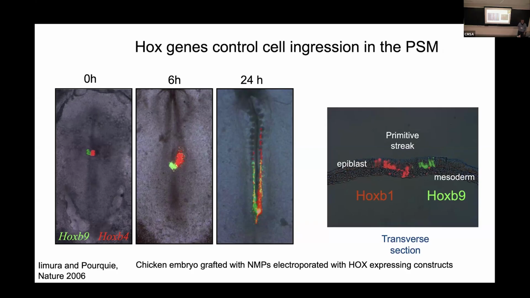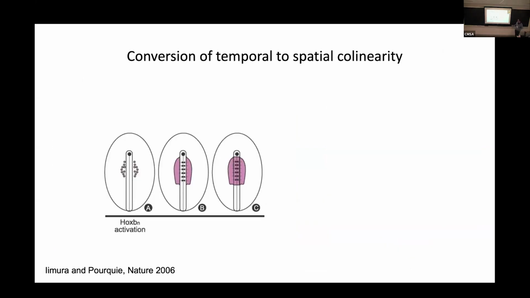But they're not blocked, they're just delayed. And this is collinear, so you can test many different Hox genes in pairs in this way. And what you will find is that it's always the more posterior gene that delays the ingression more. And so that suggests a system whereby you have the sort of dynamics that I showed you first.